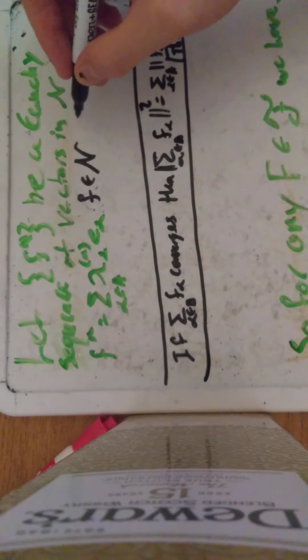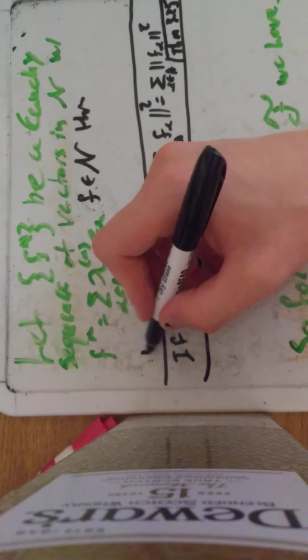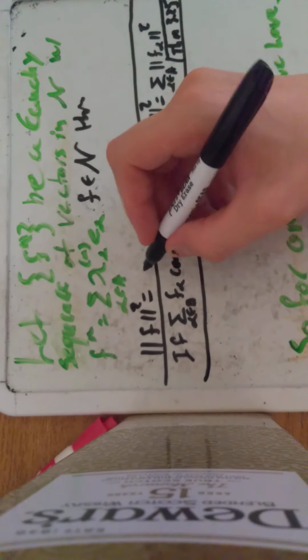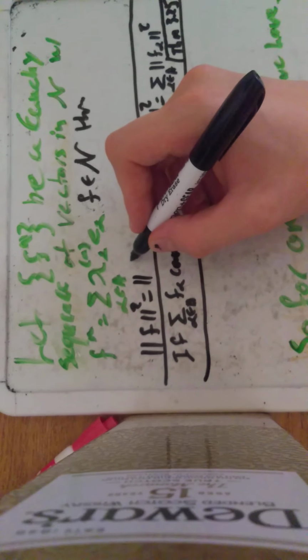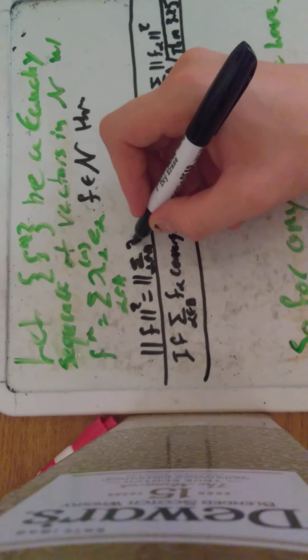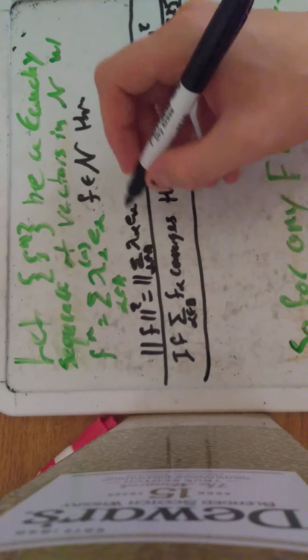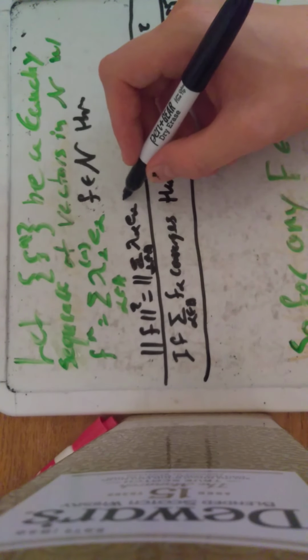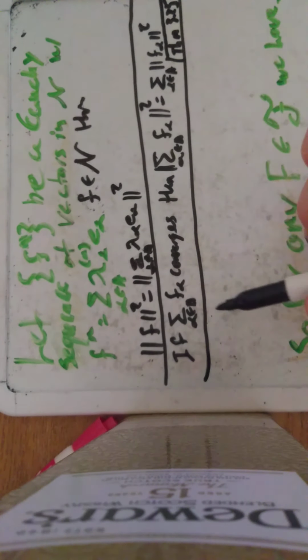Before we continue, we want to make a quick statement: if I let F be an element of N, then the norm of F squared is equal to the norm squared of the sum over alpha in A of lambda_alpha e_alpha, for some set of complex numbers lambda_alpha. But using theorem 3.25, if the alphas converge, then I can pass the norm through the sum if it's squared.